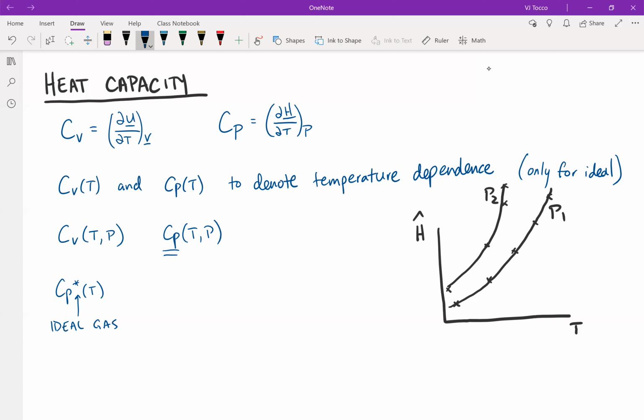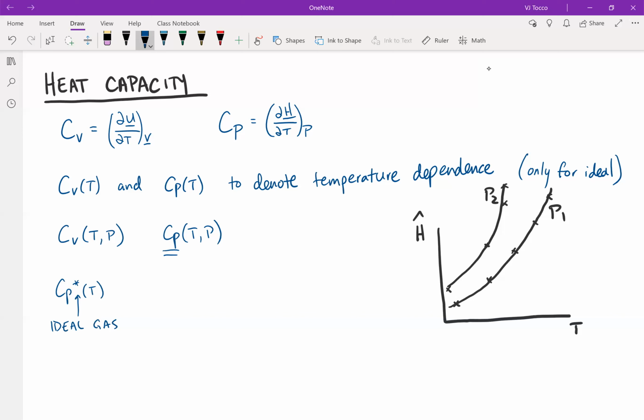So if your problem is all about figuring out the heat capacity of a gas assuming an ideal gas, there's no problem. You can just use this function as it was given to you. However, if the pressure is very high, say 20 or 30 atmospheres, and you cannot assume an ideal gas, it's inappropriate to use this value of heat capacity because it's not for the pressure at which you need.